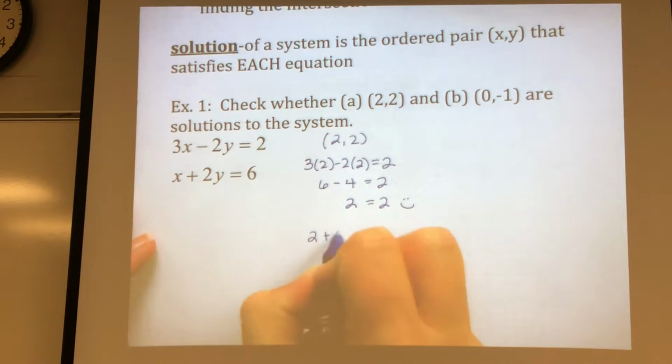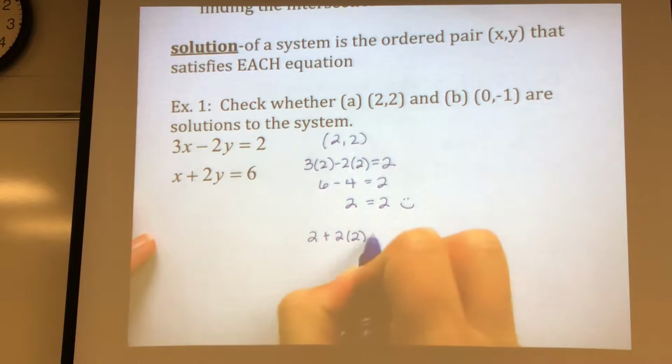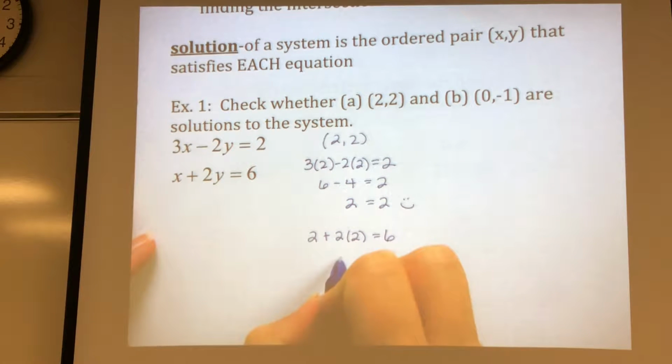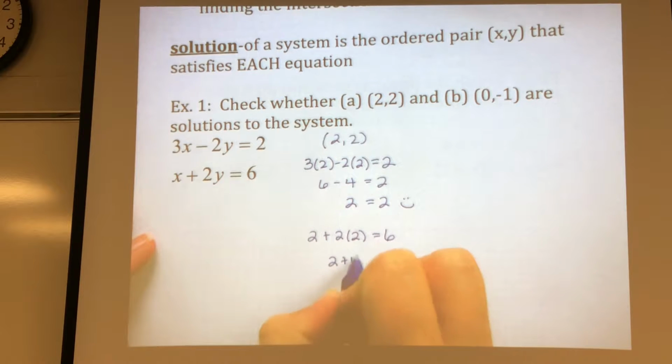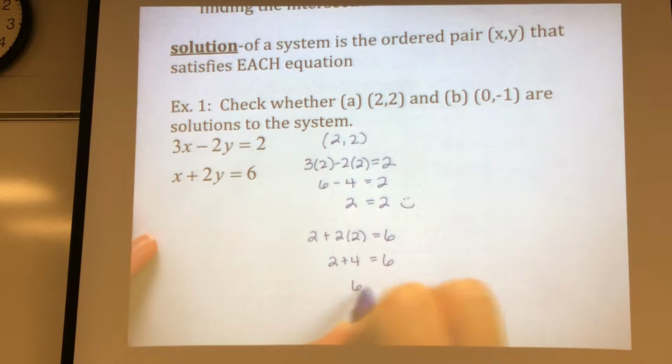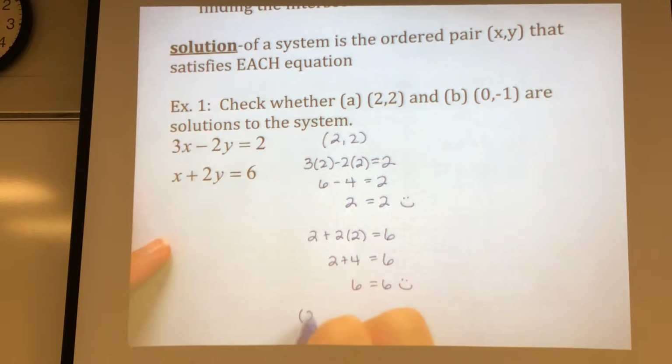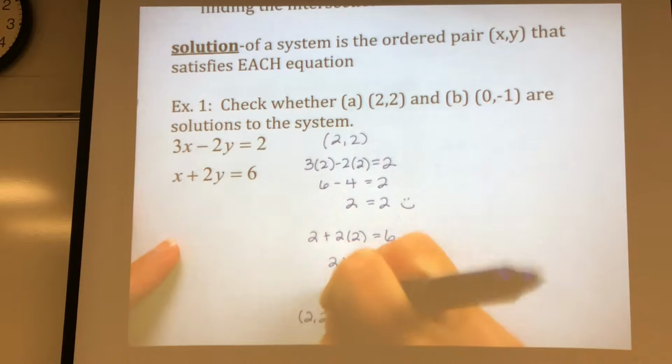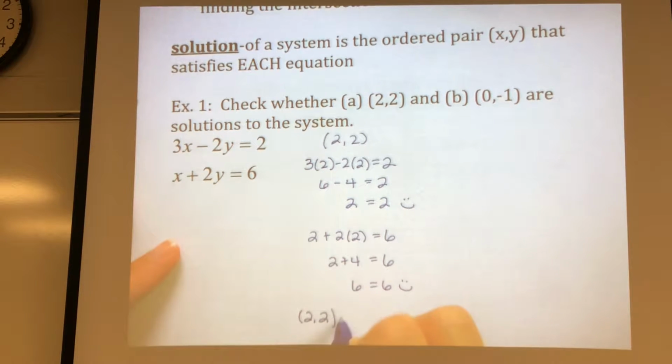So we substitute 2, 2 into that second equation as well, and we find out that it does work in both of those. So our conclusion is (2, 2) is a solution.